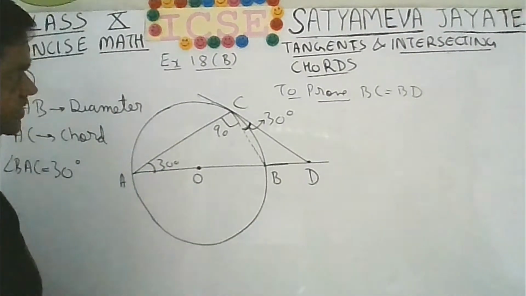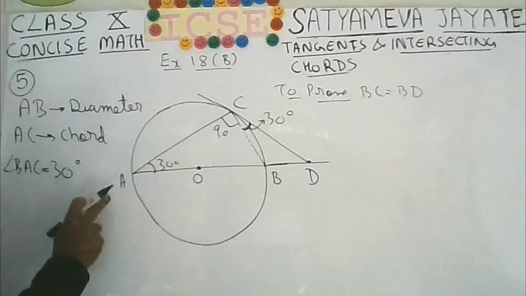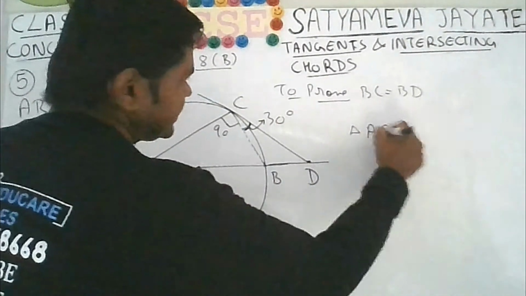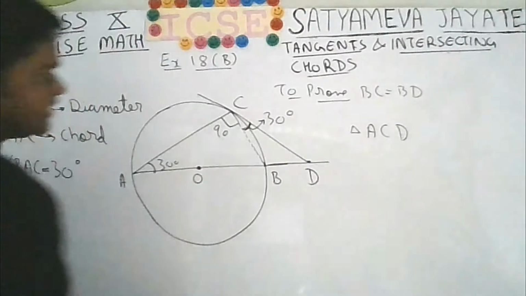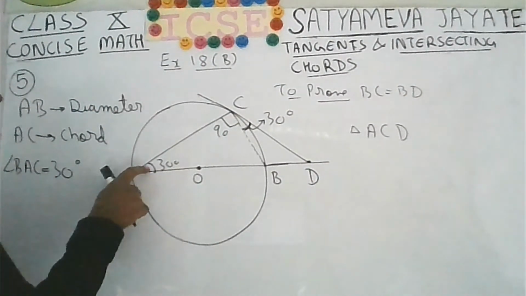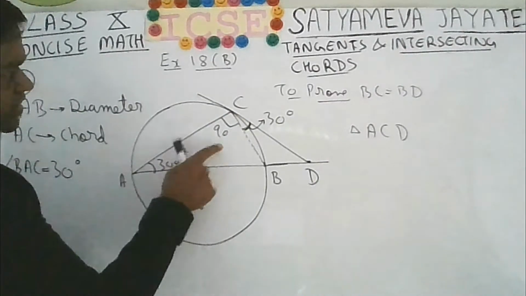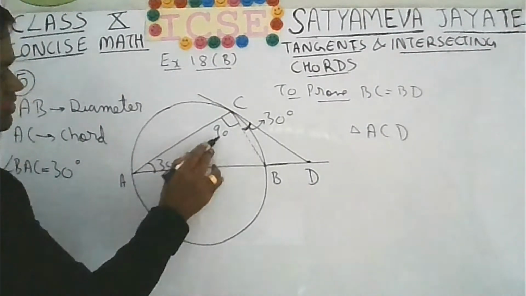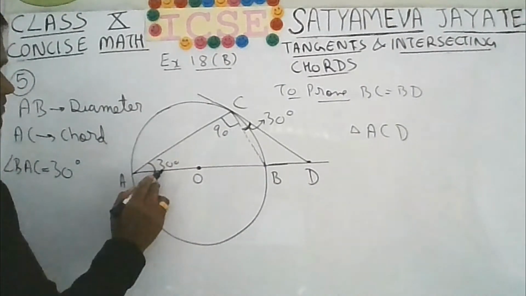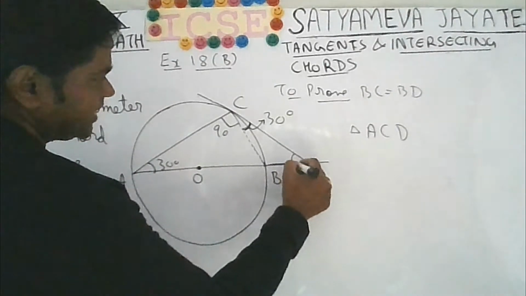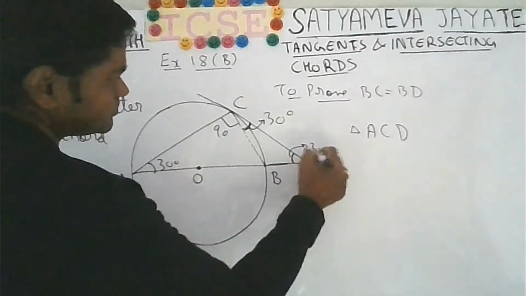Now that is the triangle ACD. You can look at the triangle ACD. By the angle sum property, sum of the interior angles will be 180 degree. So you are having this angle 30. This angle will be 90 plus 30. 90 plus 30 is 120. So 120 plus 30, you will get 150. So what will be the remaining angle? Remaining angle will be 30 degree, isn't it?